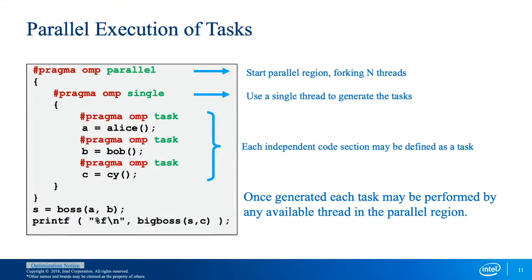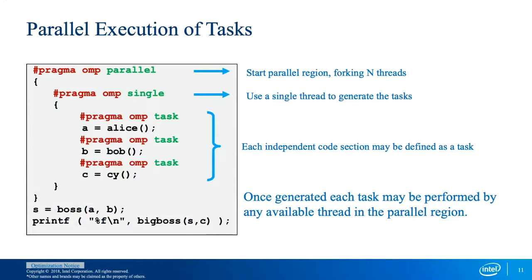Then I close that single region so that there is essentially a synchronization point. There's another one at the end of the parallel region too. And at that point, I can execute the boss task that depends on Alice and Bob because they both have completed. And after that, since this last section of the code is executed sequentially now, I can execute the final task that depends on both Cy and boss.